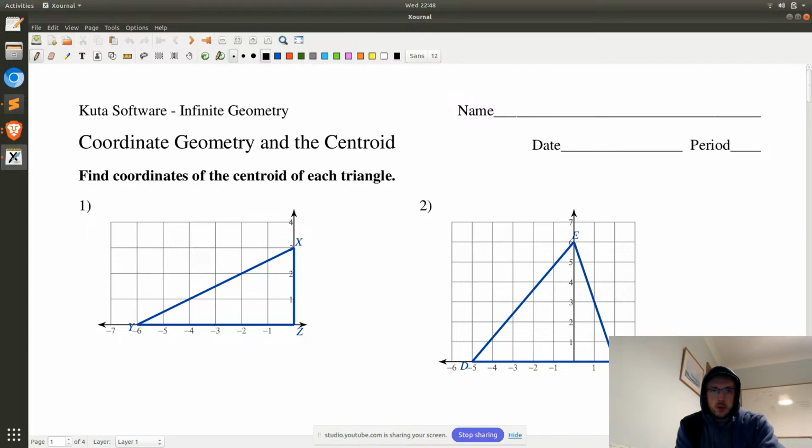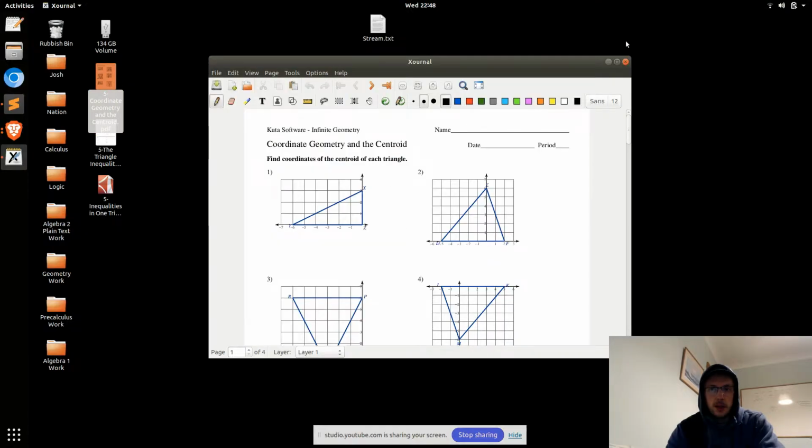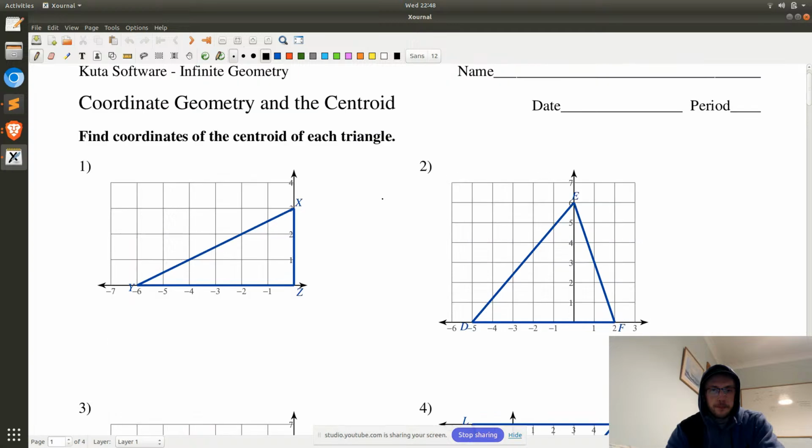And for the y coordinates, which are 0, 0, and 3, the mean of them is 1.5. And so it's -3, 1.5, or so it appears.